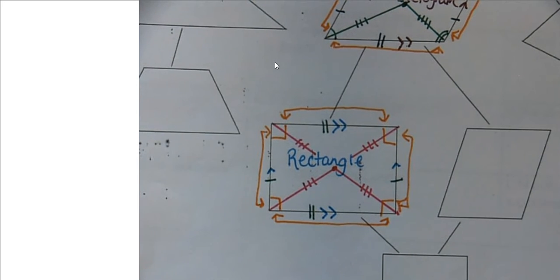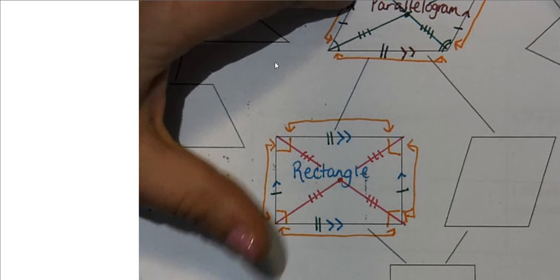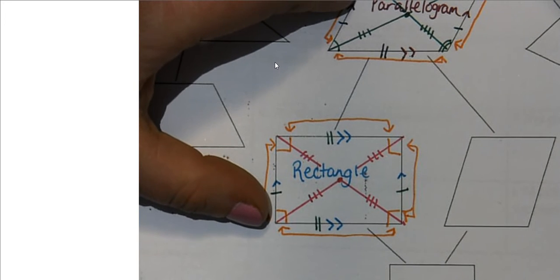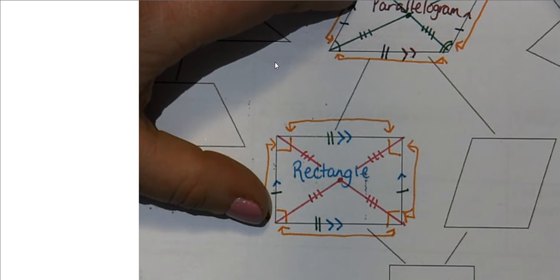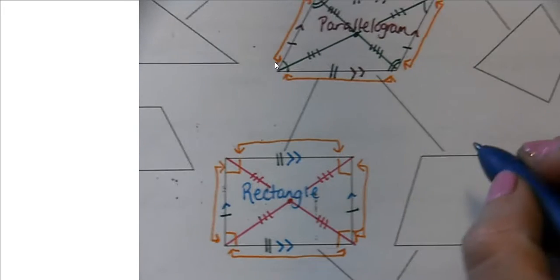The diagonals are not perpendicular and they do not bisect opposite angles. So that is 2 properties that they do not have. But the extra property that they have compared to parallelograms is that the diagonals are congruent, and that is a rectangle. The next shape that we have is a rhombus.